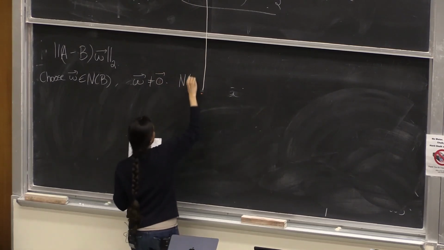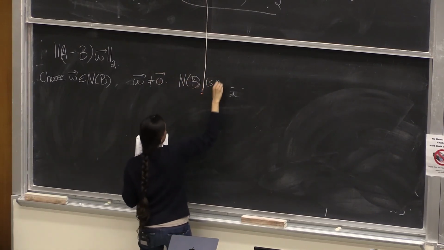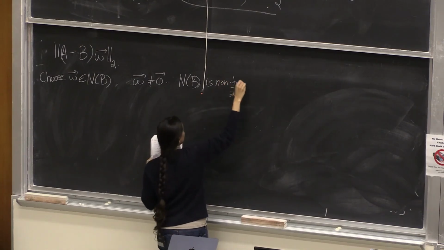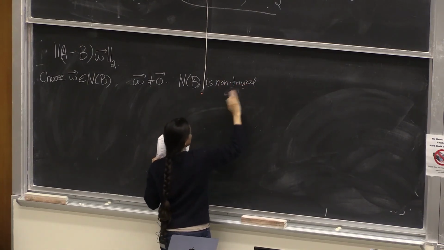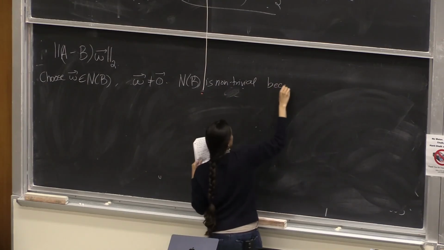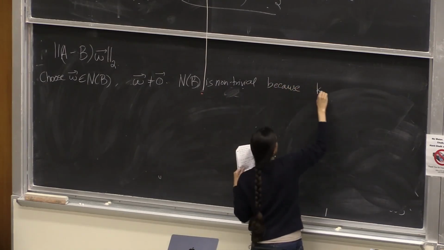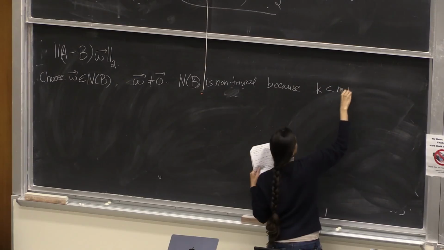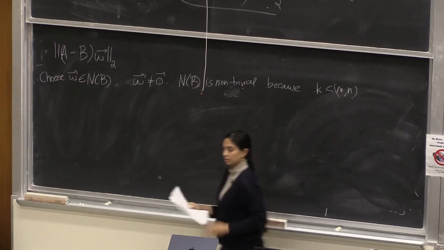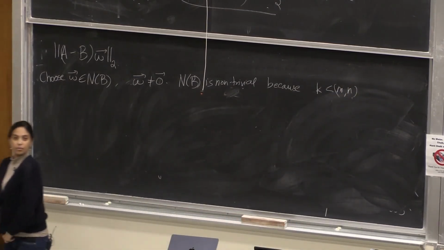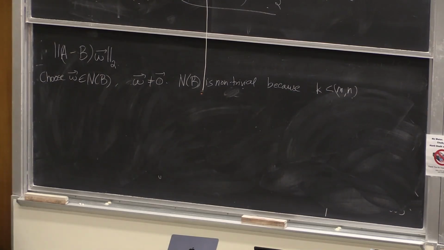And the null space of B is non-trivial because K is less than M and N. To achieve any kind of compression, we necessarily want K to be smaller than R, which is smaller than M and N. Okay, good.